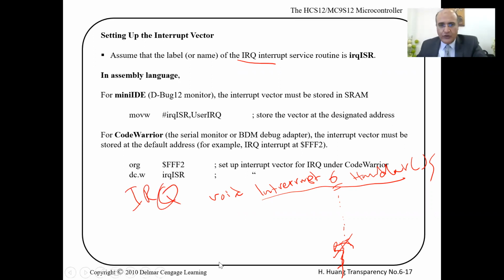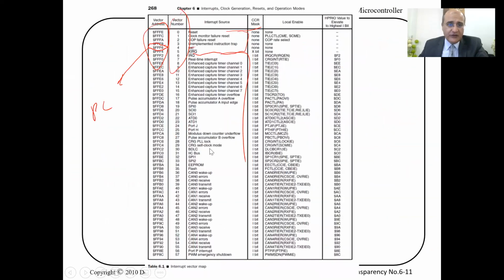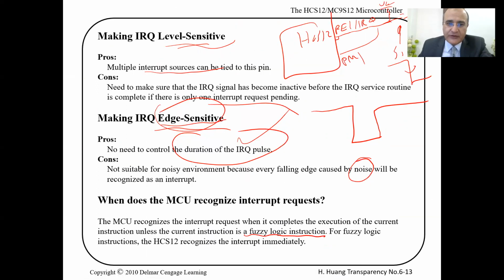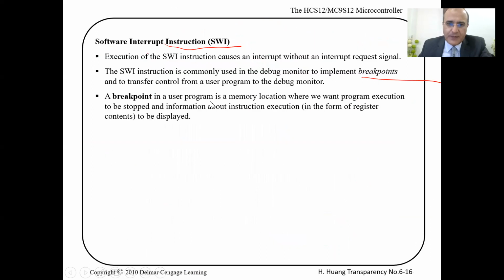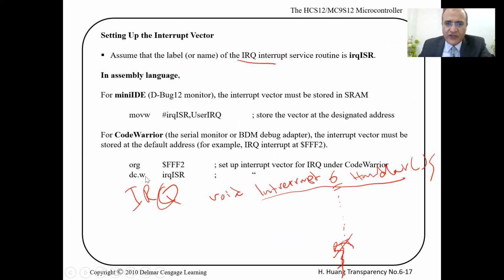you need to go to the interrupt table. Interrupt 6 is the IRQ. Go to this address FFF2 and store there the address of where you wrote your interrupt service routine. Okay. At FFF2, you define a constant word, and for example you wrote my IRQ interrupt in your code, then RTI, return from interrupt, okay?